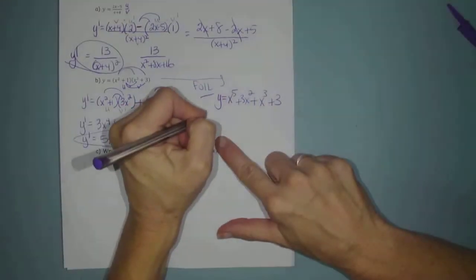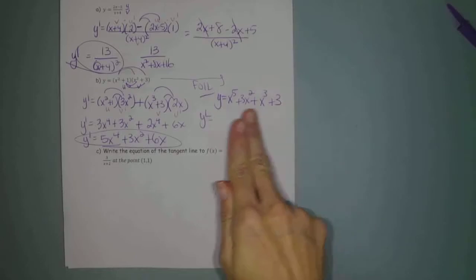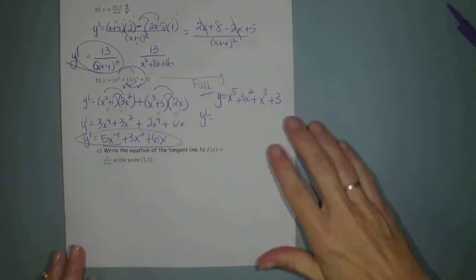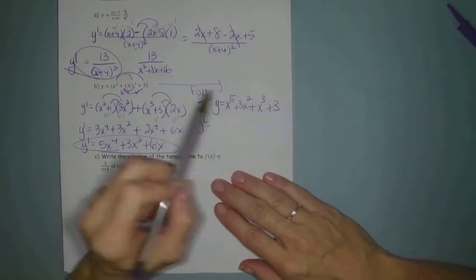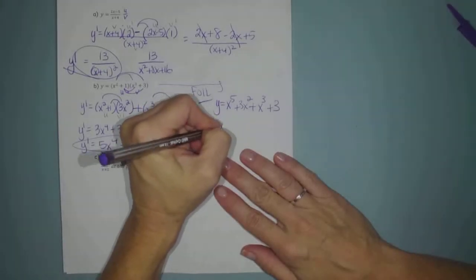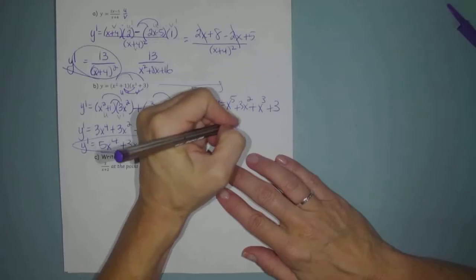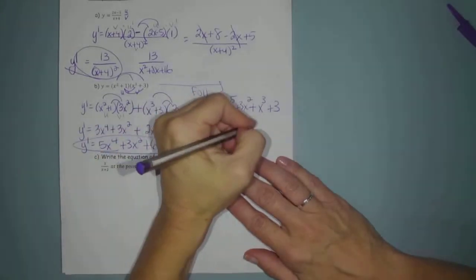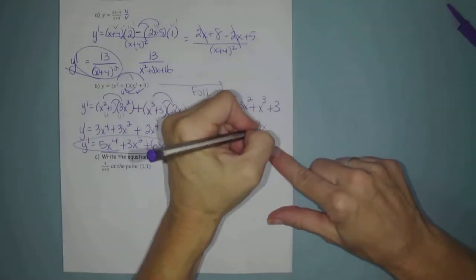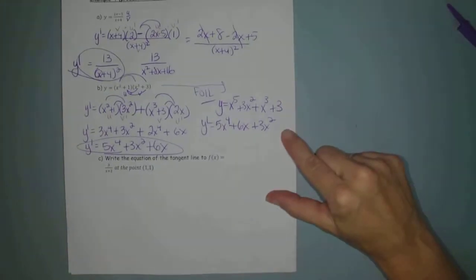So now I'm going to do the derivative by the old school rules, which is basically just the power rule and the constant rule here. So x to the fifth would become 5x to the fourth. 3x squared would become 6x. x cubed would become 3x squared, and 3 would become 0.